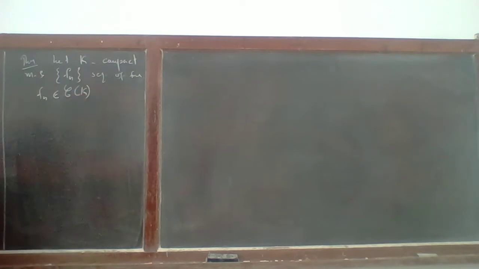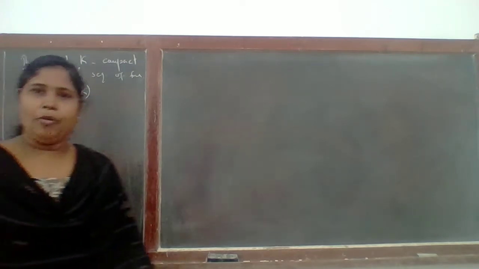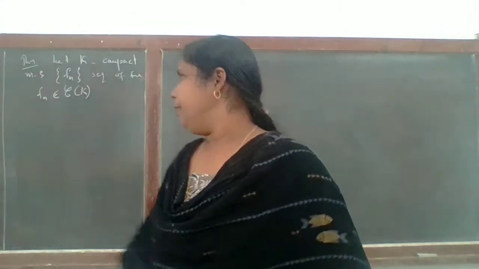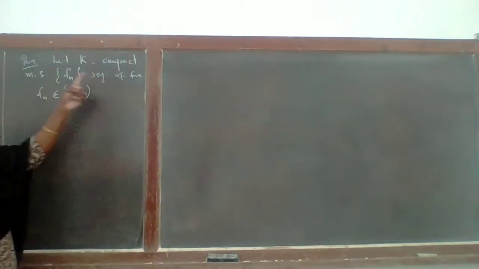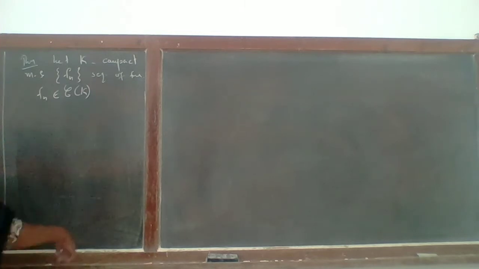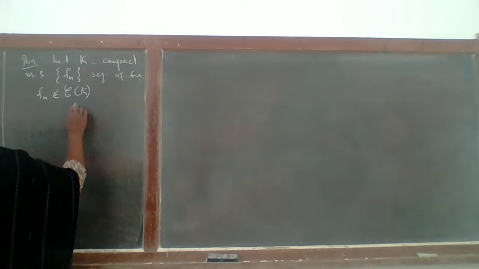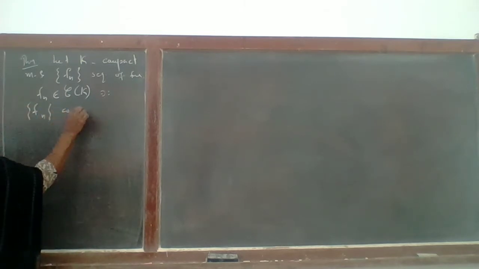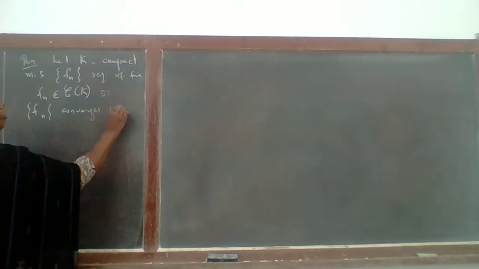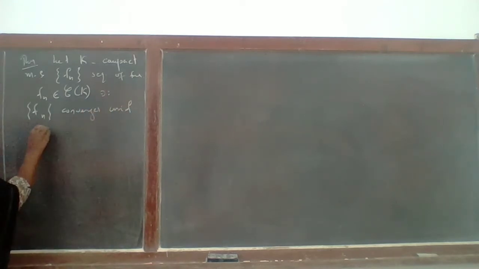What is C(K)? The set of all continuous bounded functions on K. Okay, defined on K. So we have a sequence of functions in C(K) such that the sequence F_n converges uniformly on K.